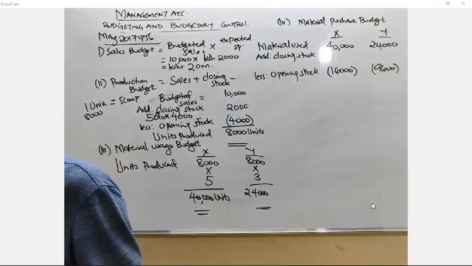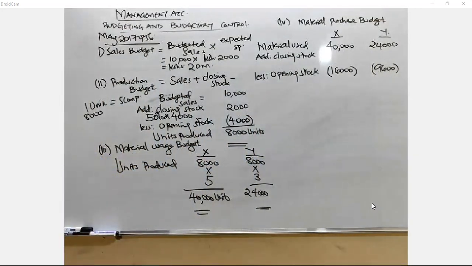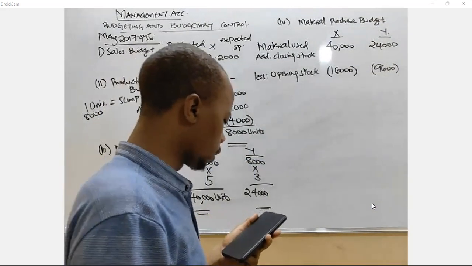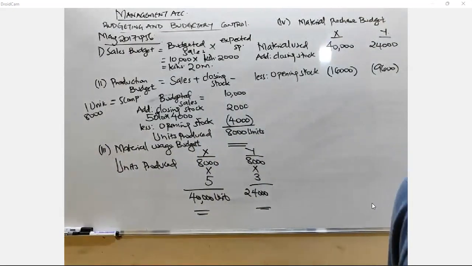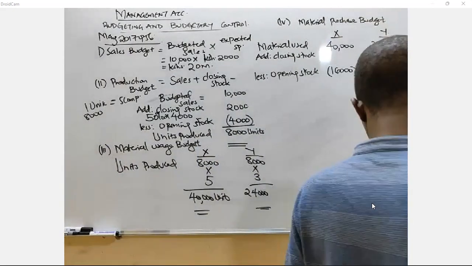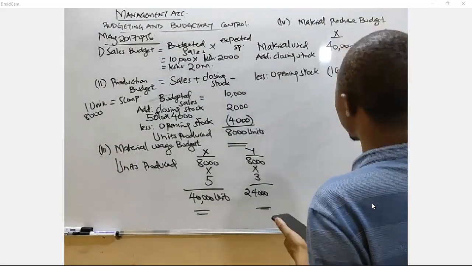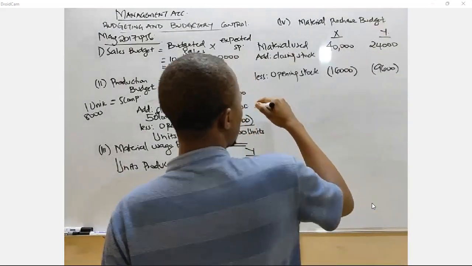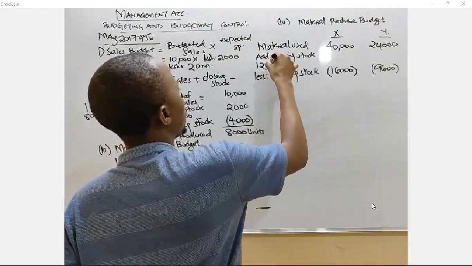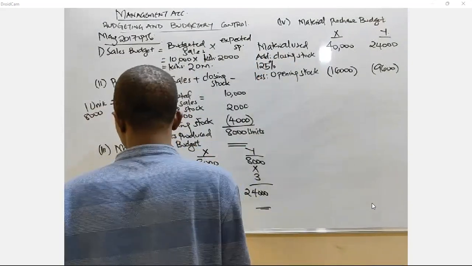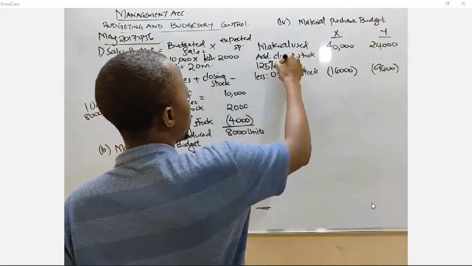Then when you go back to note number 6, it gives us information regarding all this. It is telling us the company plans a reduction of 50% in quantity of the finished goods at the end of the month and an increase of 25% in the quantity of each input component. So in this case, it means the closing stock will be increasing by 25%. So we just need to take 125% of the opening stocks.